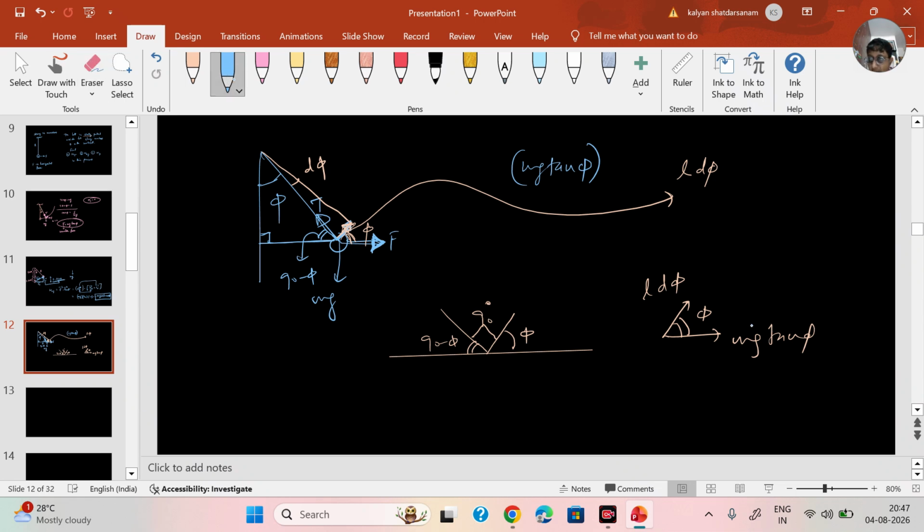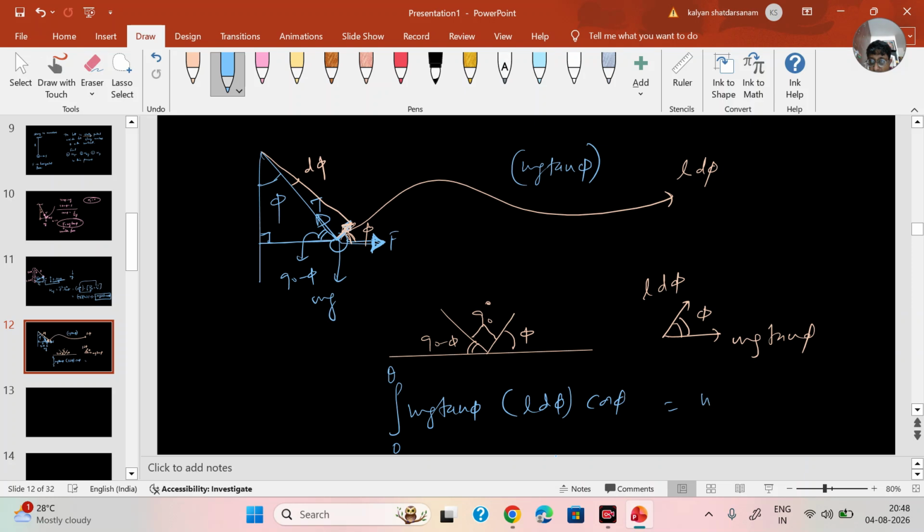So I got the variable force, I got the displacement, I got the angle between them. So we should use F ds cos theta. F is mg tan phi, ds is L d phi, cos theta is cos phi. F ds cos theta you use, or integral of F dot ds, with phi going from 0 to theta. These are the limits. Initial angle, final angle you will give as limits. Phi was some intermediate angle.